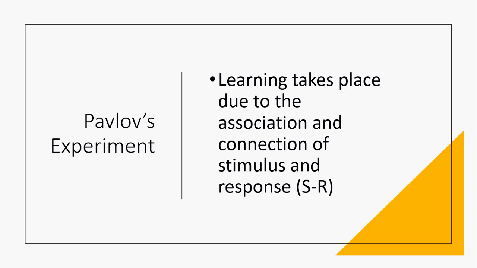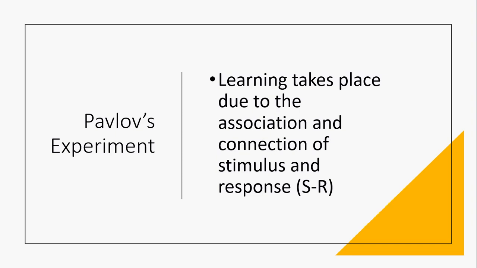Now, what does Pavlov's experiment have to do with learning language or behavior patterns among children or adults? Learning takes place due to the association and connection of stimulus and response. So, through this experiment, S stands for stimulus and R stands for response.